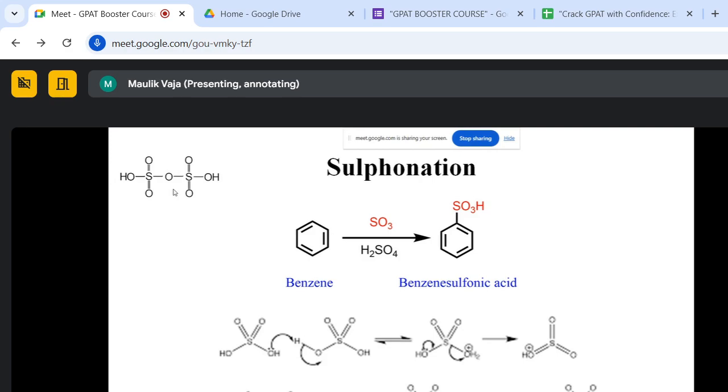Oleum is nothing but 2 moles of H2SO4 combined together. If you add water to oleum, it gives 2 moles of H2SO4. So the answer is oleum. Remember it. Oleum is used for the sulfonation reaction.